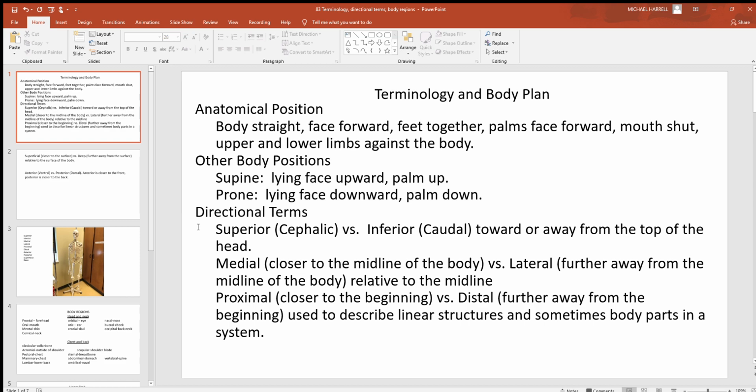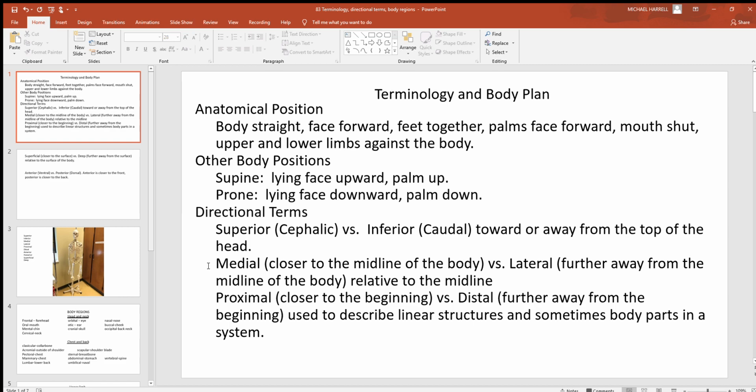So if you look at your mouth and nose, which one's closer to the top of the head? Your nose. So that's why your nose can be described as being superior to your mouth, because it's closer to the top of the head. Inferior, again, is away from it. Your mouth is inferior to your nose because it's further away from the top of the head. So that's often how you see these used throughout the book.